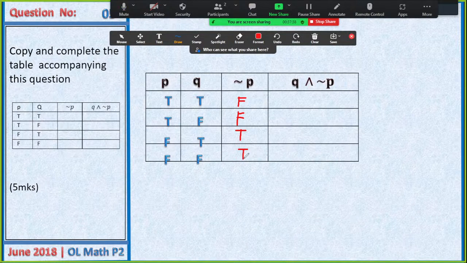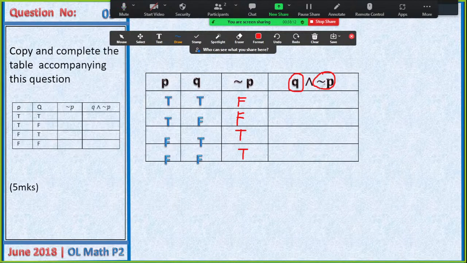So at this point now, we have to obtain those other values that are being asked for. We have now Q and the negation of P. So the AND statement is true only when this first one is true, and this second one is also true, and then this AND statement is the one that looks like intersection.